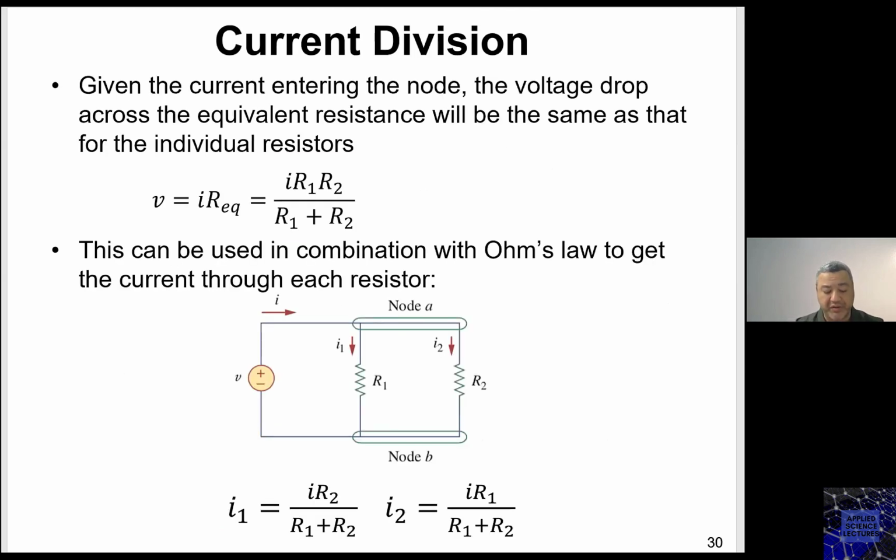Now, the current division, when it comes to resistances, I can only use for two branches. Why? Because if I have several branches, I have to combine them into one branch that I'm interested to find the current in, and for the remaining branches, I have to find the equivalent. So when it comes to the current division for resistors, I can only do it on two branches. And what does the current division say here?